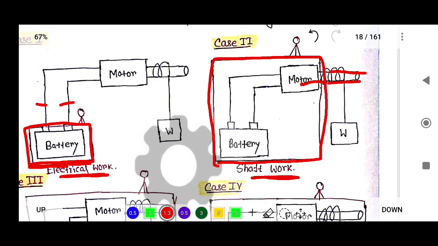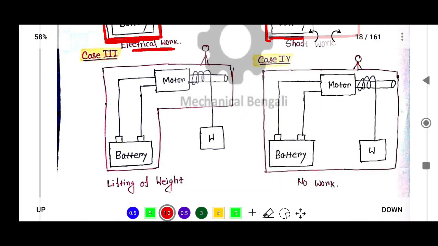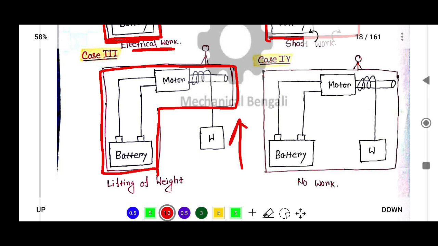But when your boundary changes, suppose this is your boundary, you see that there is only lifting of the weight. So you can say that this is the lifting work, or lifting of weight.